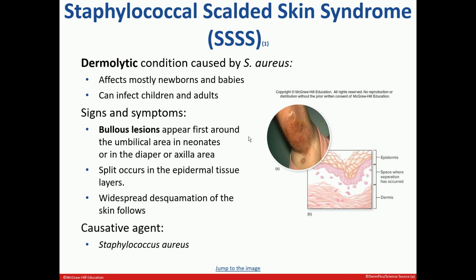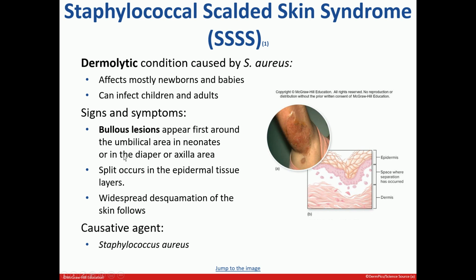It affects newborns and babies, but it can also infect children and adults. So let's see its signs and symptoms. Usually these infants get bullous lesions, you can see here what kind of lesions they have, which appear first around the umbilical area in the neonates or in the diaper area of young children.